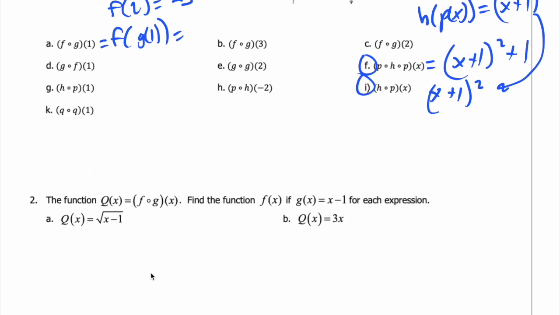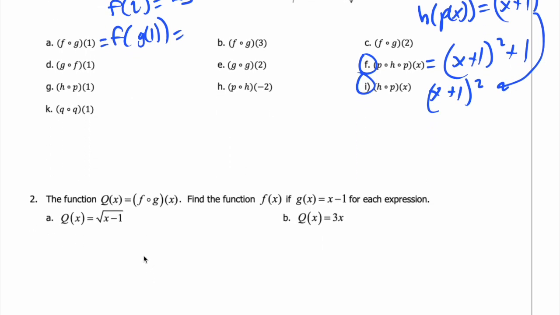Alright, let's look at this next question here. The function q of x equals f of g of x. Find the function f of x if g of x equals this for each expression. Okay, so root x minus 1 equals f of g of x, and we have g of x, so it's f of x minus 1.